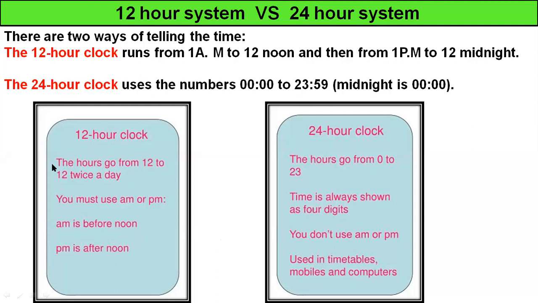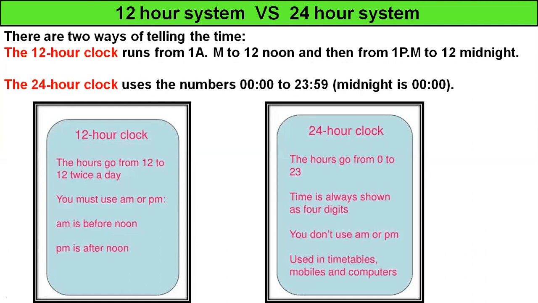In the 12-hour clock, we count 12 to 12 twice a day. You must use AM or PM. Whenever you use the 12-hour clock, you have to show AM or PM. AM is any time before noon, PM is afternoon.